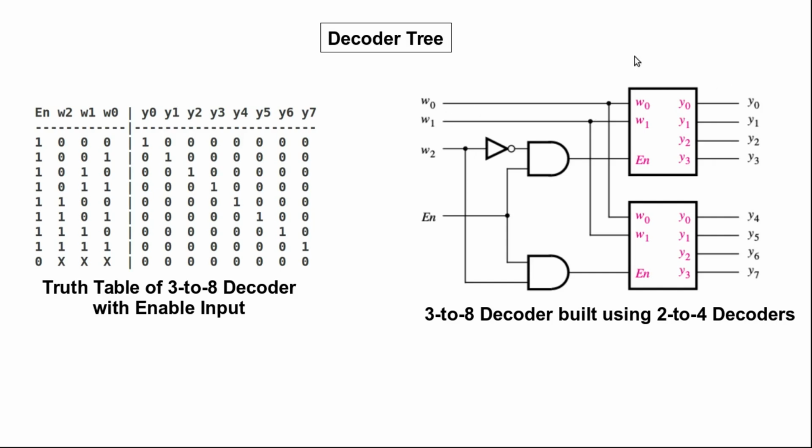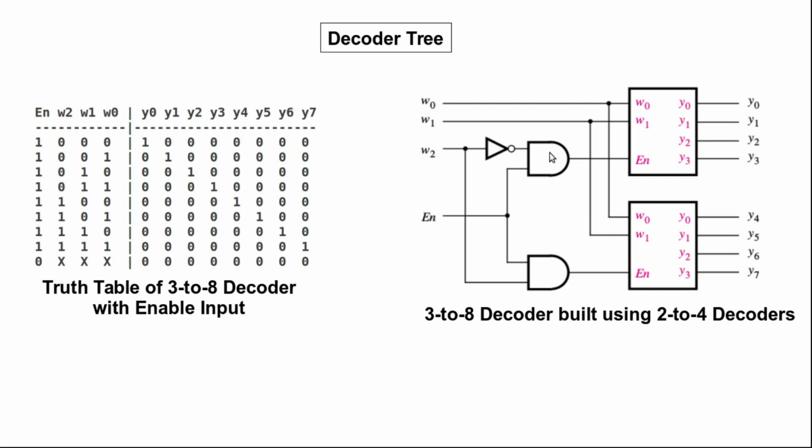Since we are trying to construct a 3 to 8 decoder with enable input, we should have 3 inputs and another enable input, and we should have 8 outputs. So here is the enable input, and here are the 3 inputs W2, W1, W0, and here are the 8 outputs Y0 to Y7.